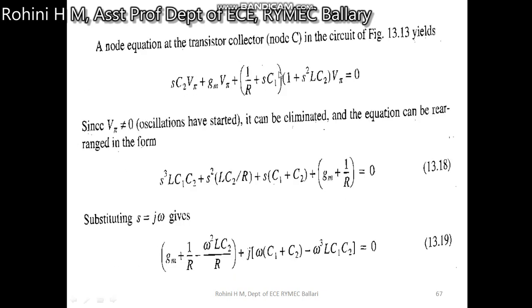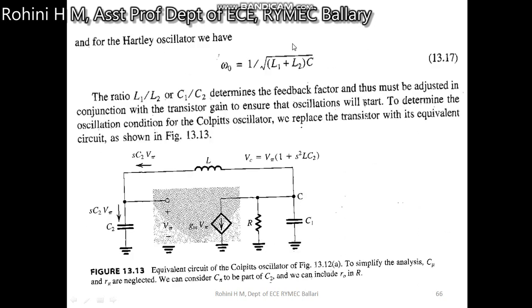Next, the node equations at the transistor collector circuit. At node C, one current is leaving, which is C2 V pi. Another current leaving is gm V pi. Another current flows through this RL, and another current flows through this C1.